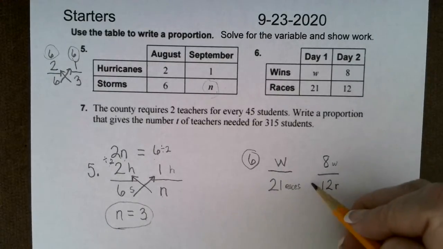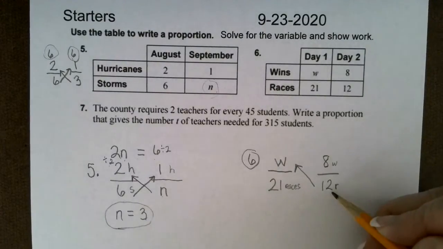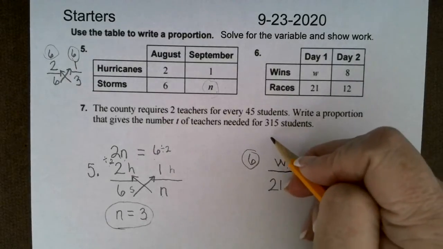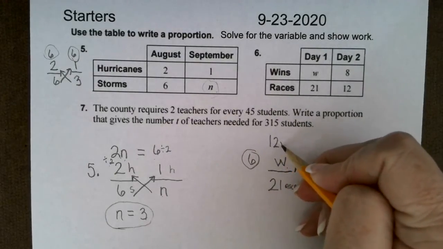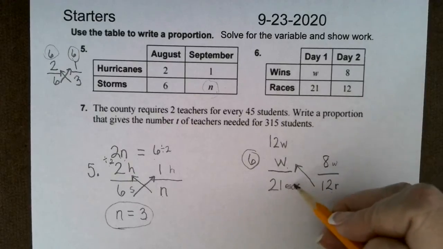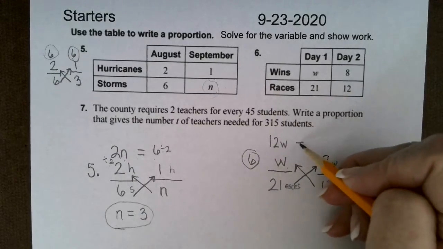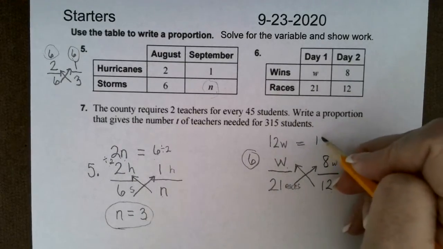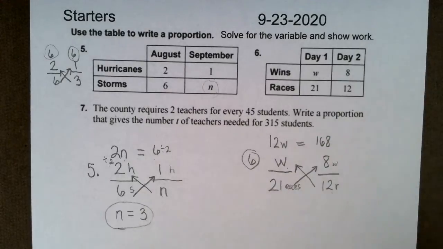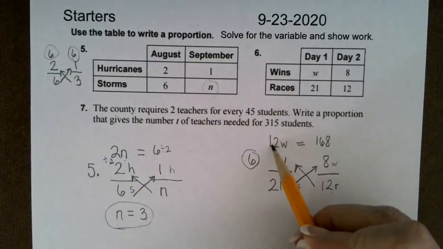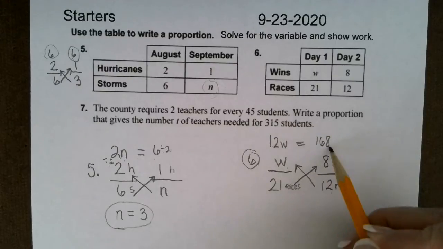And then I just cross multiply. So I do 12 times W is just 12W. And 21 times 8 is 168. So I want to know 12 times W equals 168.